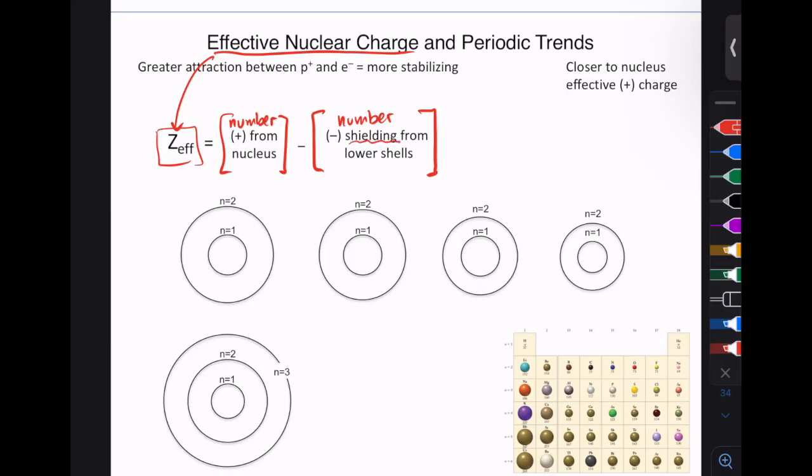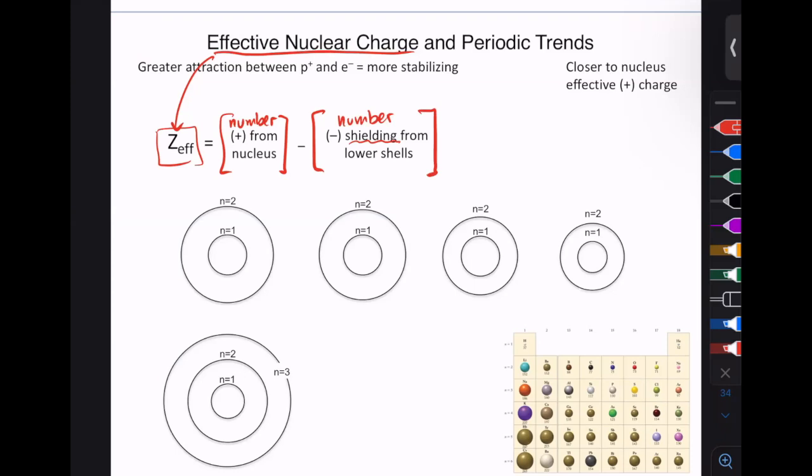Remember, we're thinking of these as shells, shells within shells within shells. If you have a completed shell, a principal energy level, that means it's filled with negatively charged electrons. We're talking about the valence electrons. Those are the only ones we really care about. Those are the ones that are being gained and lost and shared in chemical reactions.